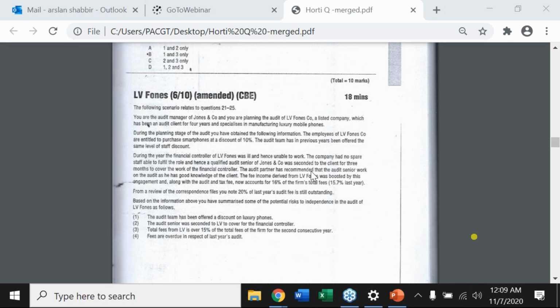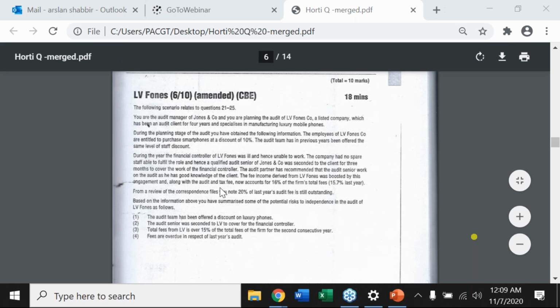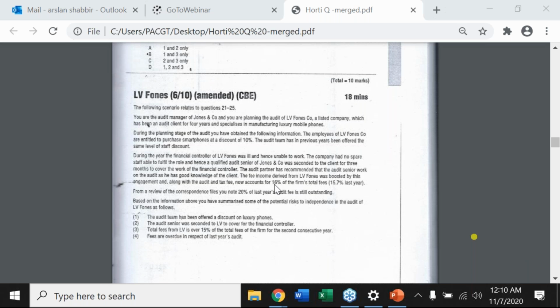The audit partner has recommended that the audit senior work on the audit as he has good knowledge of the client. The fee income derived from LV Phones was boosted by this engagement and along with audit and tax fee now accounts for 16% of the firm's total fees. That is, last year 15.7 and this year 16%.